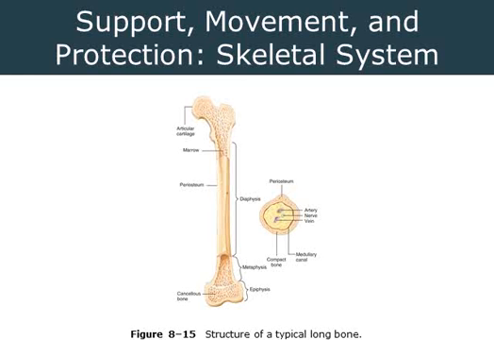On this bone, we can see the diaphysis being the shaft of the bone, the epiphysis, which is basically the head of the bone or the articulate area of the bone, the metaphysis, which is basically the transitional portion of the bone that goes from the shaft into the head.